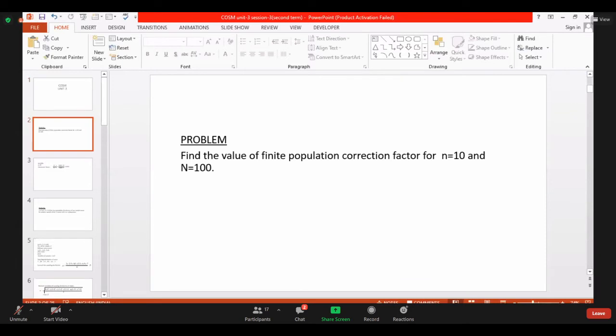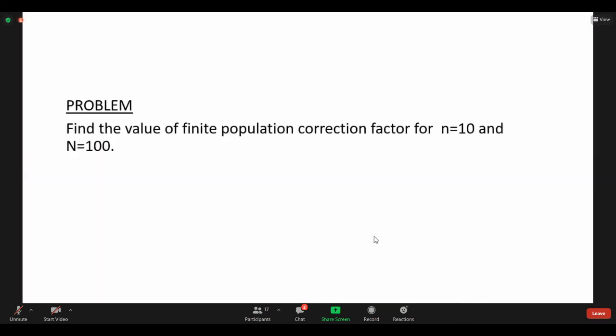Now we'll discuss some more problems on that one. This is the first problem. All of you note down this question.